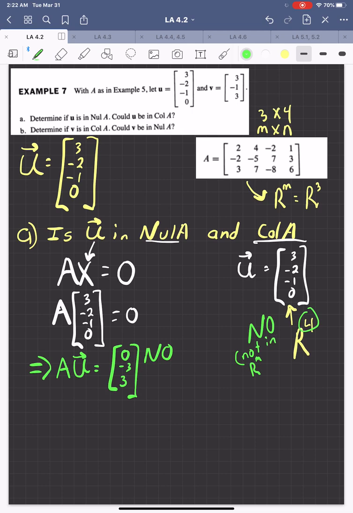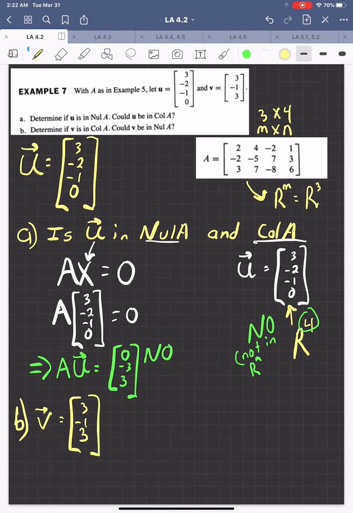Okay, so part B, same questions, except now with a new vector. So now they give us vector V is 3, -1, 3.